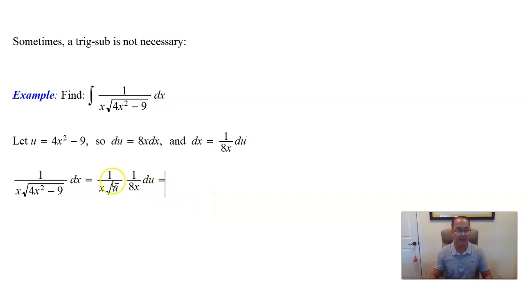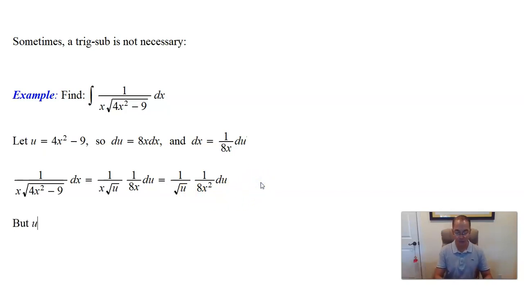And now something very convenient happens, because this x can merge with the 8x to make 8x squared. Ooh la la. And that is awesome because I see a 4x squared here. I want 8x squared.